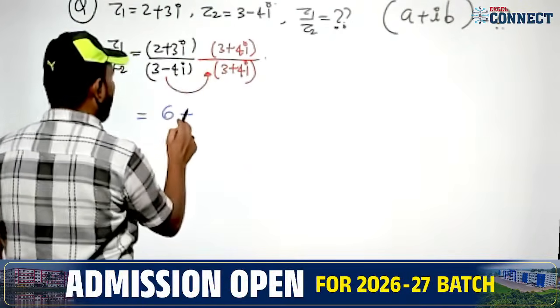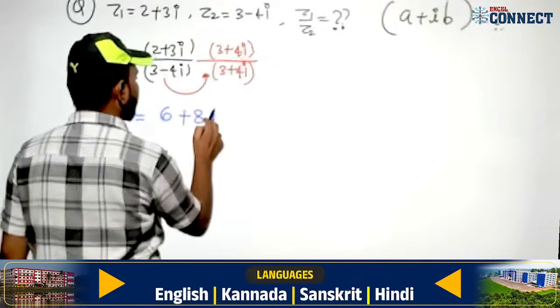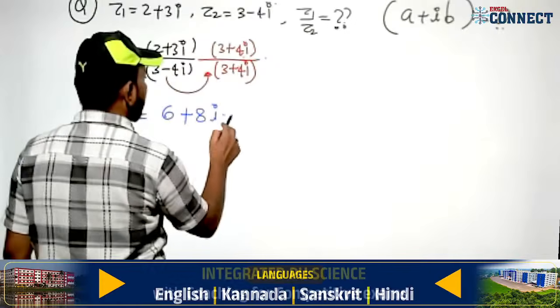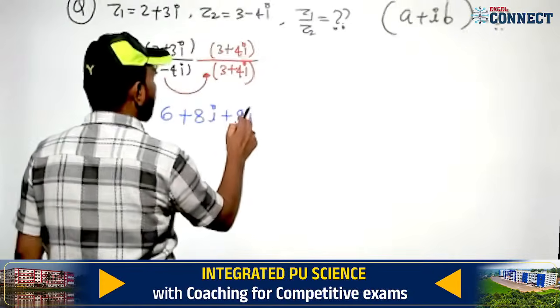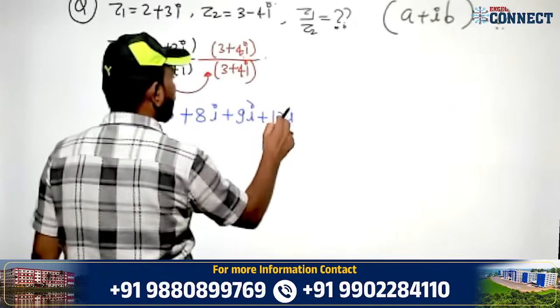So 2 into 3 is 6, plus 2 into 4 iota is 8 iota, 3 iota into 3 is 9 iota, and 3 iota into 4 iota is 12 iota square.